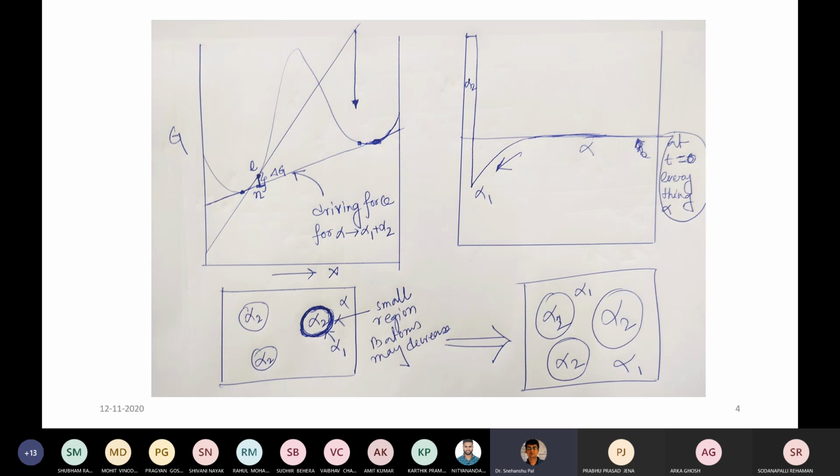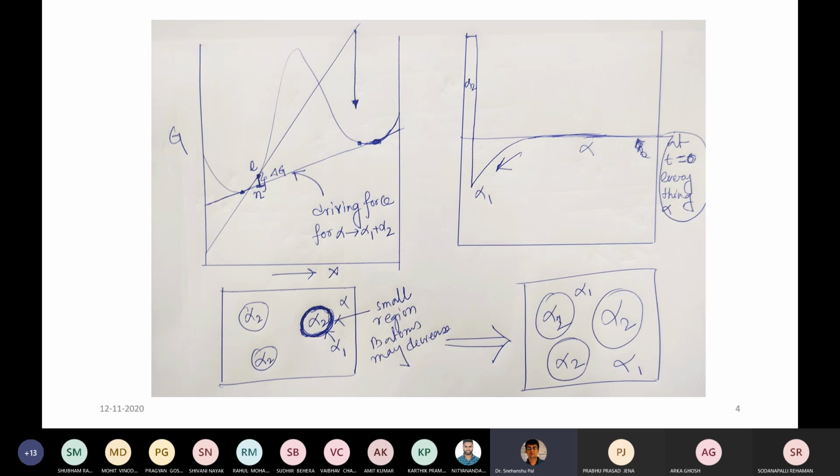That is a weighted mixture of phases, a weighted mixture of different compositions of phases. So there should be another phase called alpha 1, and only alpha 1 and alpha 2 can be in equilibrium, not alpha 2 with alpha. So alpha 1 must be lower in concentration of B, and it should be an A rich phase.